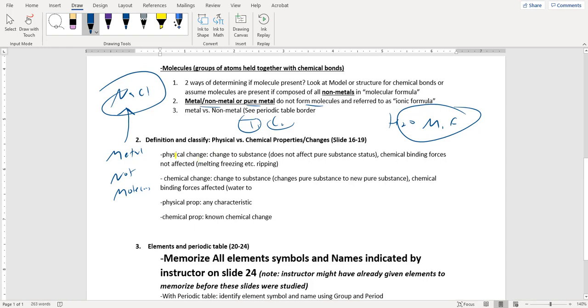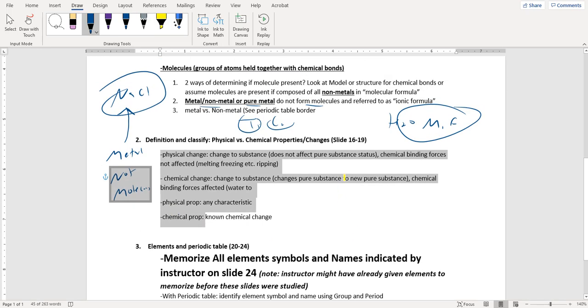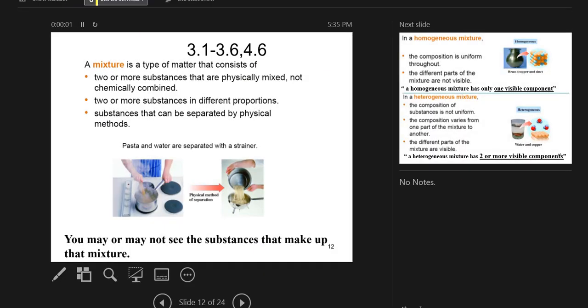So now we're going to get into the next part where we talk about mixtures again, and then we'll get into some of these definitions: physical changes, chemical changes, physical properties, and chemical properties. So this is slide 12. Let's go ahead and pop this up again.